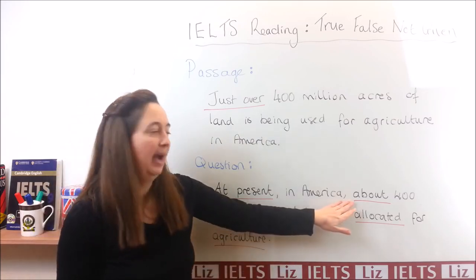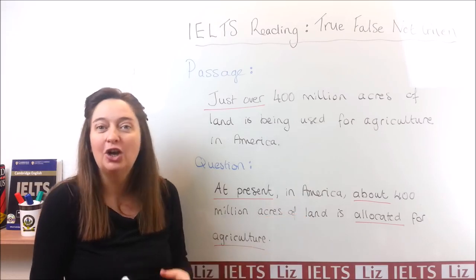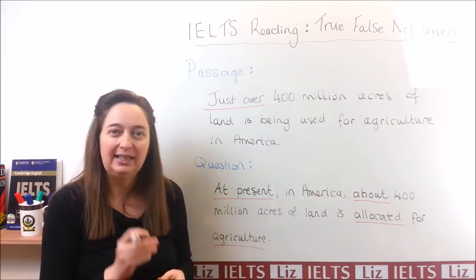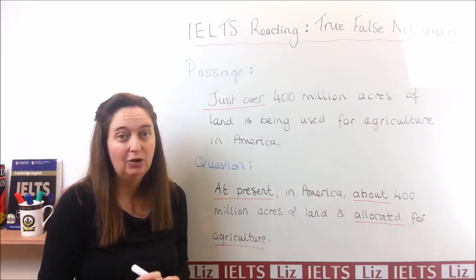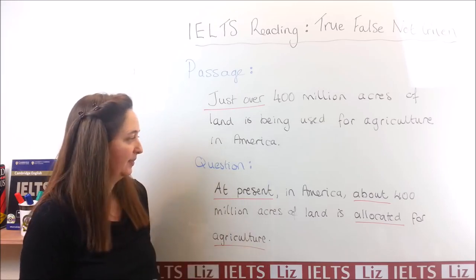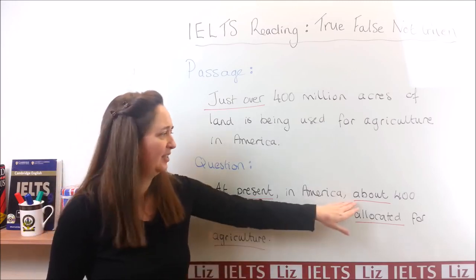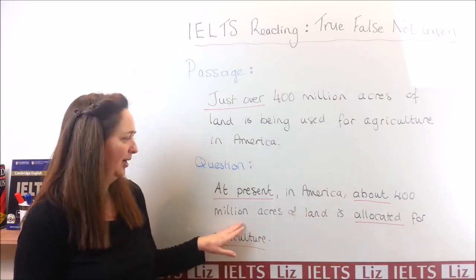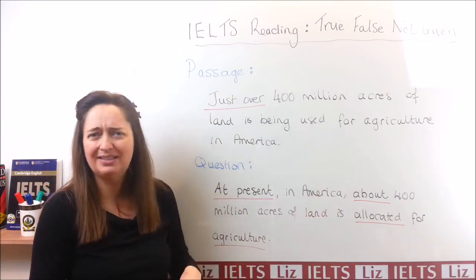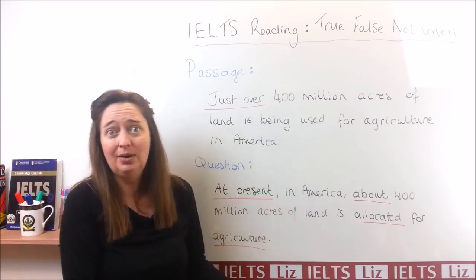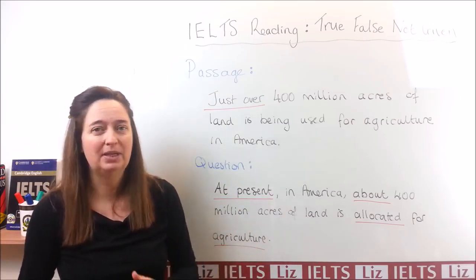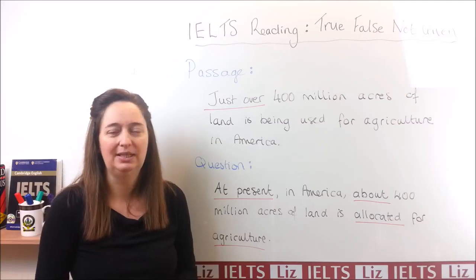Now, the word about means close to, nearly, a little bit over, a little bit under 400 million acres. The opposite would be, it is not close to 400 million acres. In fact, it's a lot more. Or it's a lot less, but it's not close to 400 million acres.